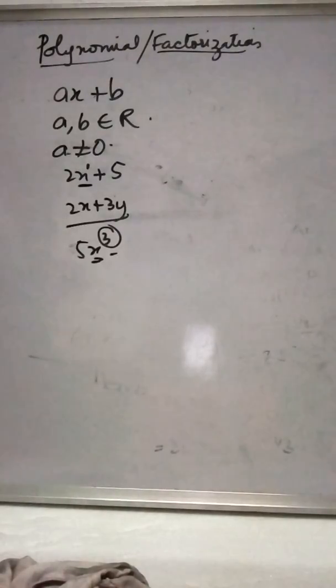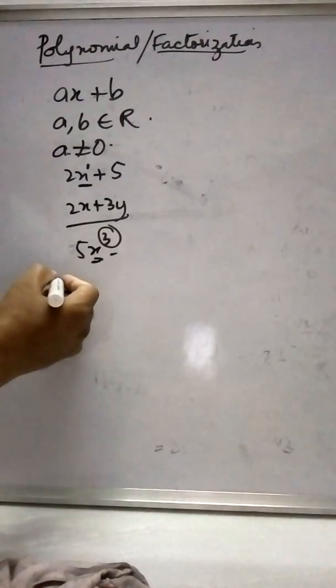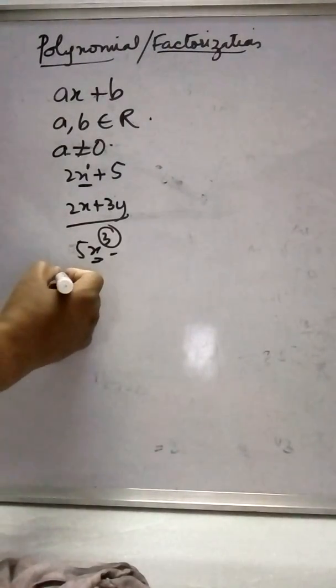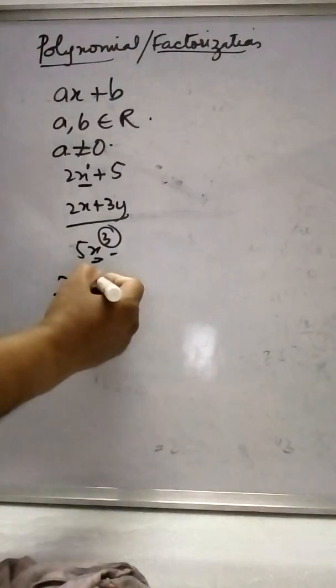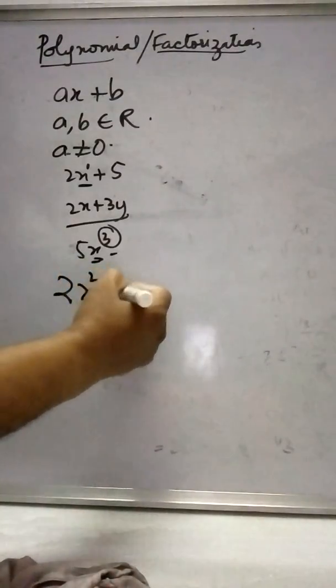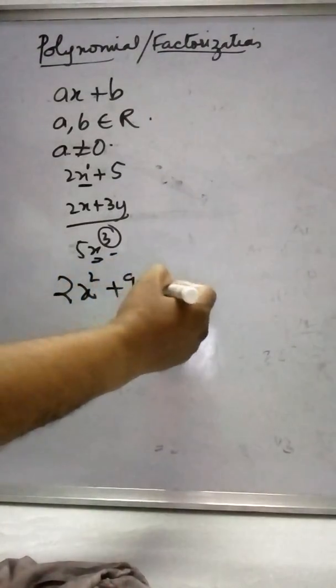Now we will see the degree of a polynomial. The highest power of the variables in a polynomial is called the degree of the polynomial. For example, 2x square plus 9x plus 5.